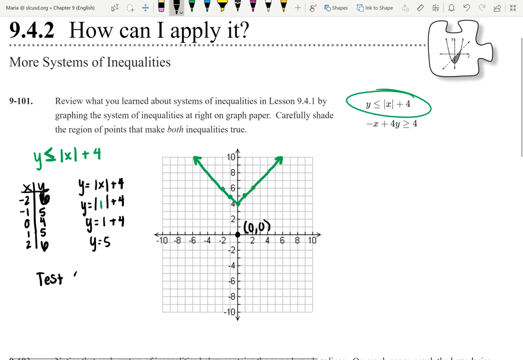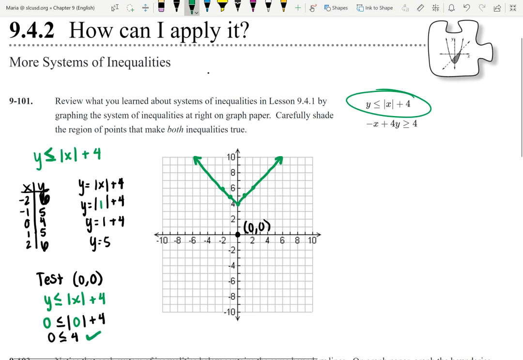And I'm going to test 0, 0 by taking that original inequality and plugging in 0 for y and 0 for x. Let's see. The absolute value of 0 is 0, and 0 plus 4 is 4. Is 0 less than or equal to 4?